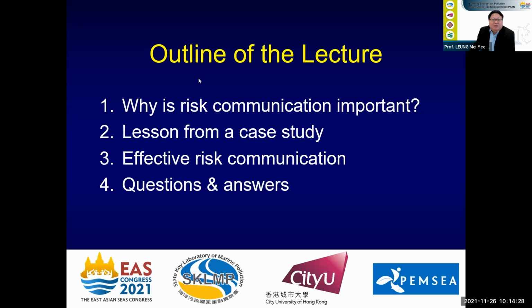If the chemical has a high tendency for biomagnification or bioaccumulation, then during the development of the criteria, that means the predicted no effect concentration, we will make use of a safety factor to make this PNEC level even lower.